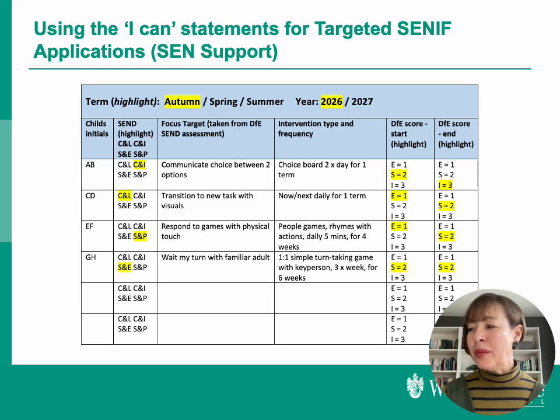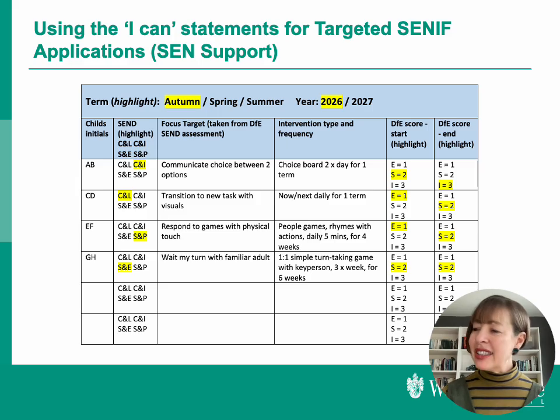And then we've also got a review in this particular form, just to give you an example. So the review is showing that by having a choice board twice a day for a term, this child has hypothetically moved from supported to independent in that I can statement. So that child can now independently communicate choice between two options.